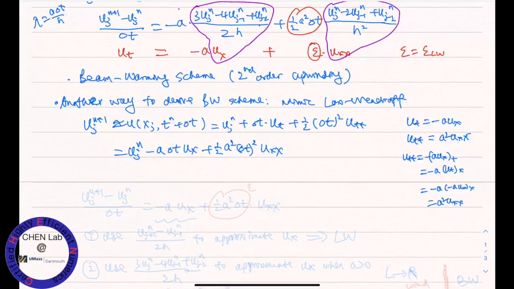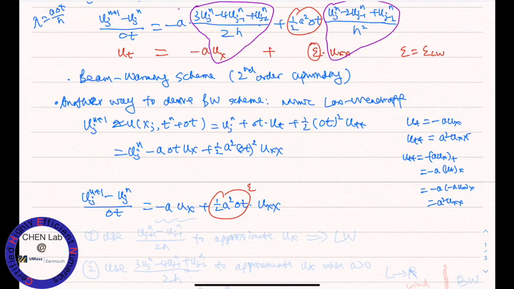And now that's just (u_j^{n+1} minus u_j^n) divided by delta t is negative a u_x plus 1/2 a squared delta t u_xx. Alright. So you already see that's our epsilon. We're adding epsilon amount of u_xx to the equation.